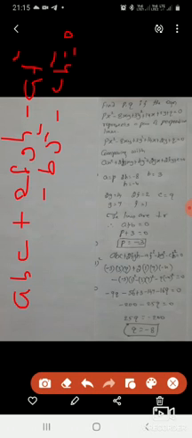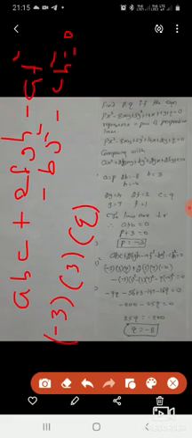Therefore, we apply the values. A is p, which is minus 3, so instead of A we write minus 3. B is 3 and C is q. Then 2 into F value, F is 1, G is 7 and H is 4, so we write 2 into 1 into 7 into 4. We just substitute the values and simplify. We get the value of q is equal to minus 8.